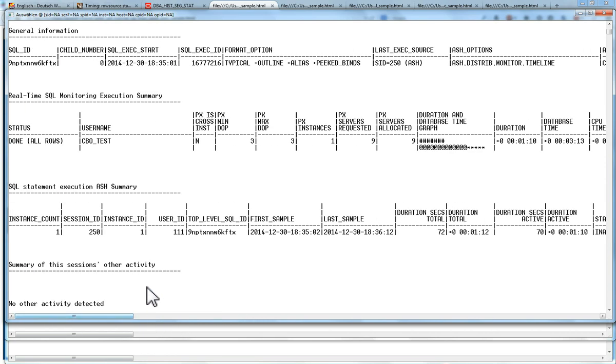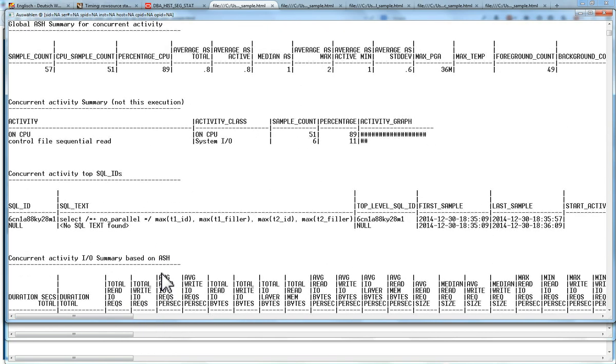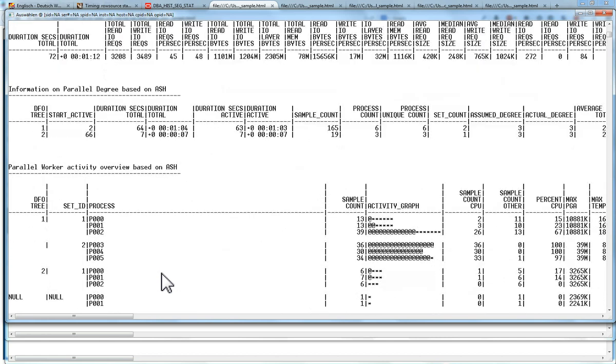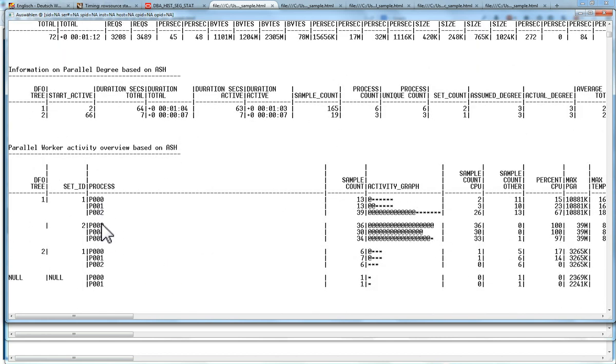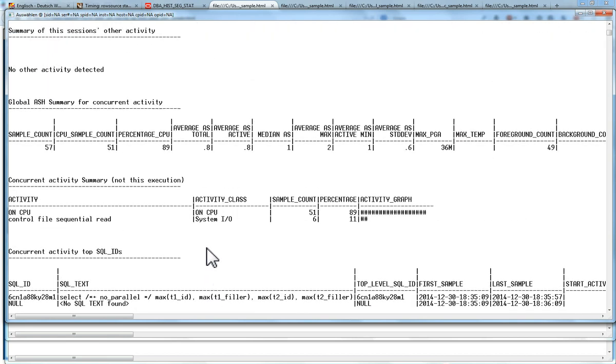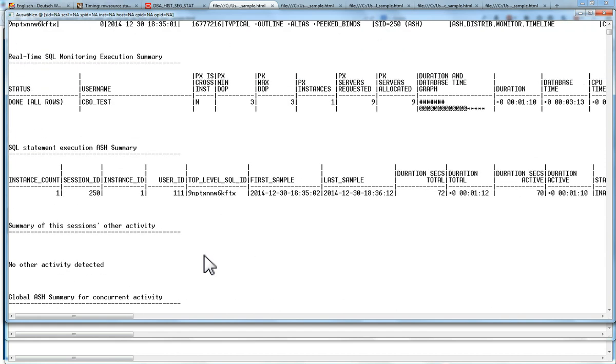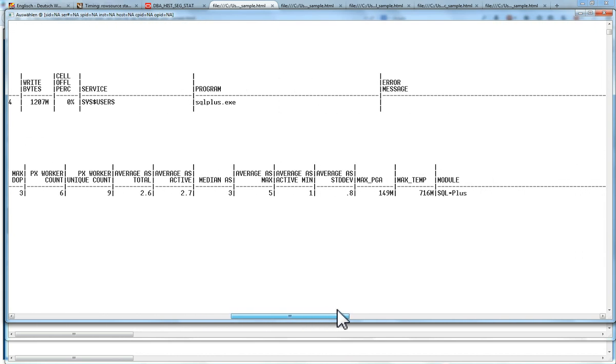So we can go here to this section about the parallel execution servers, and if you look here, you see that there are actually only 6 different unique names. So you see here P000 to P005.